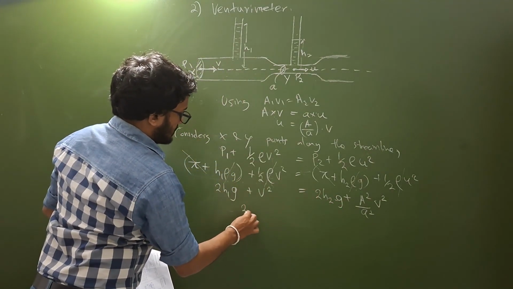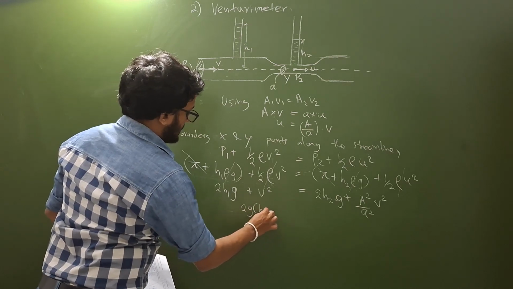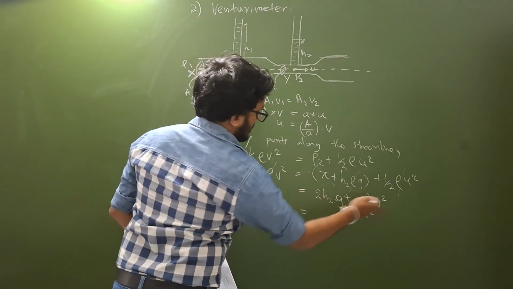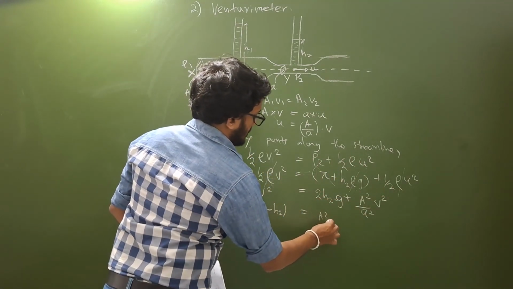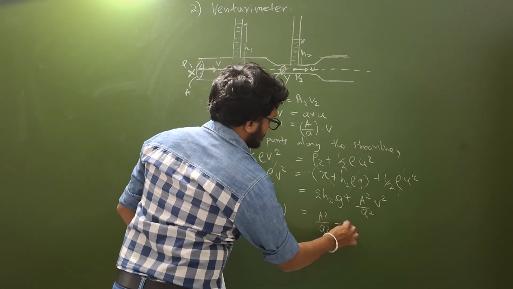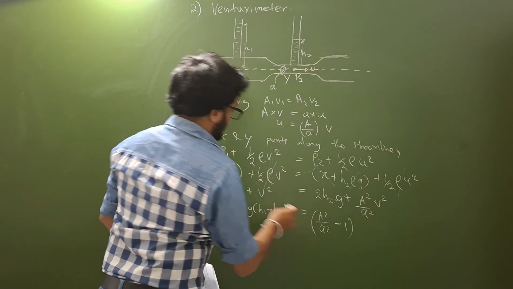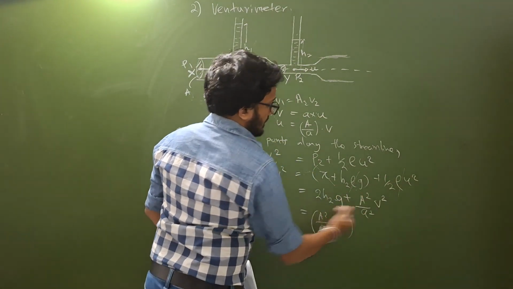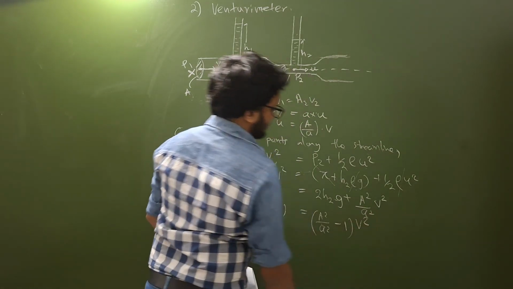I can take 2g common and write H1 minus H2 equal, and I can take V squared common. So this is 1 minus a squared over A squared, and I'm taking V squared out.